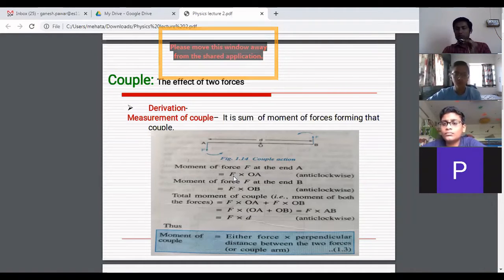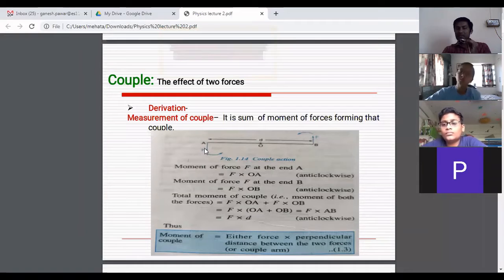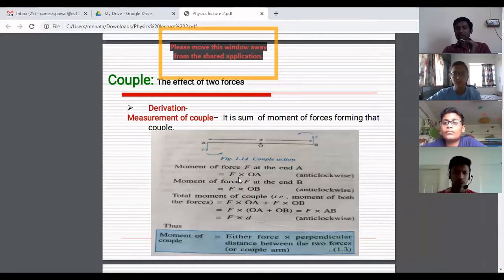We know formula for moment of force. It is the magnitude of the force into the perpendicular distance between line of action and the pivot. So therefore, here the first moment is F into OA. You can see that OA is the moment arm.